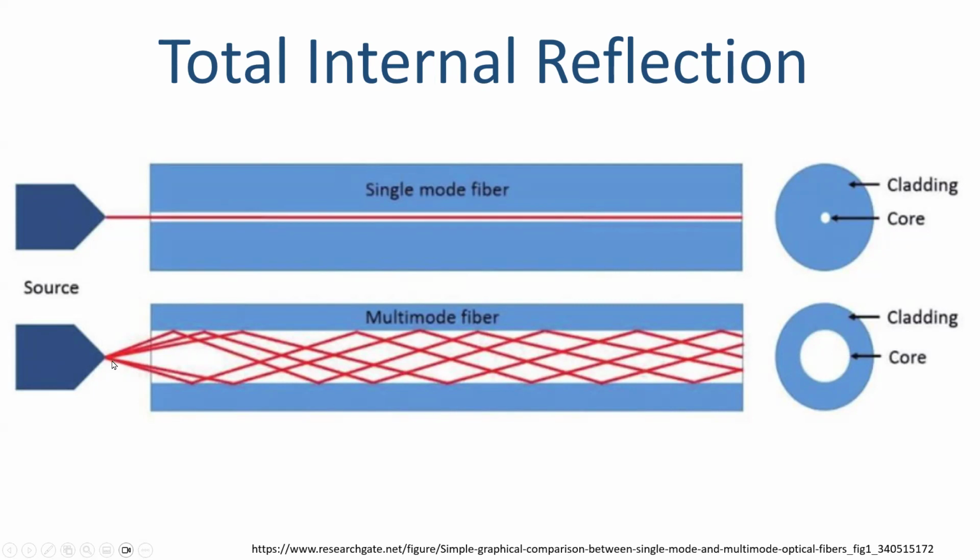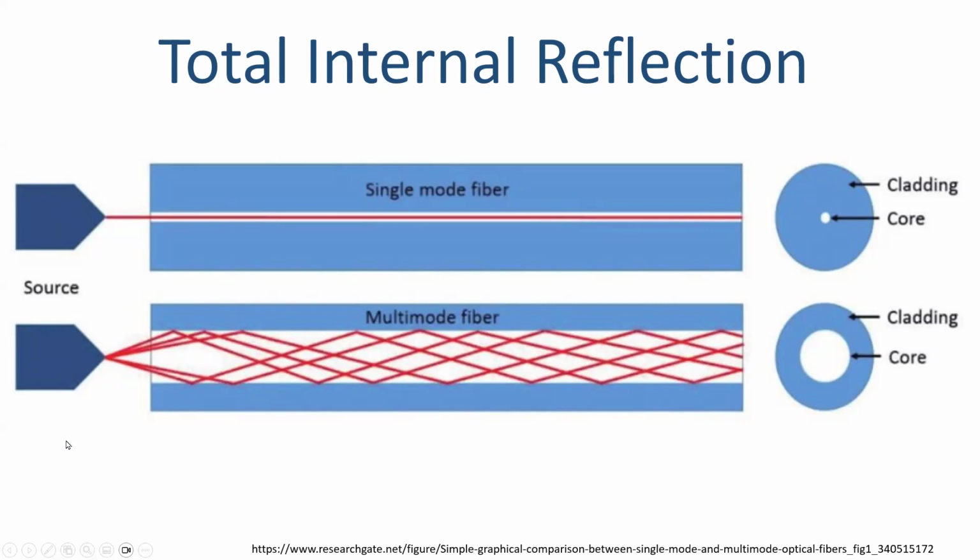Now, some of the light enters at this angle, bounces off, and travels down the pipeline. Some of it goes straighter and travels this way here, and so on. So you can see that some of the light beams, or light modes, are going to get to the end faster than others at a different angle.